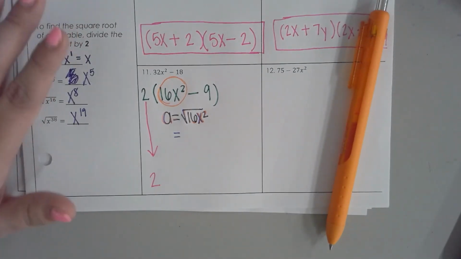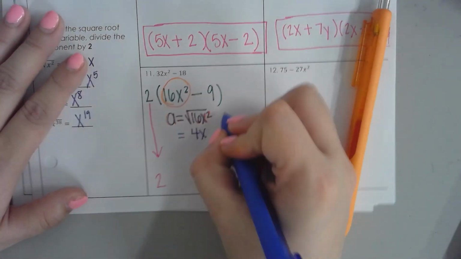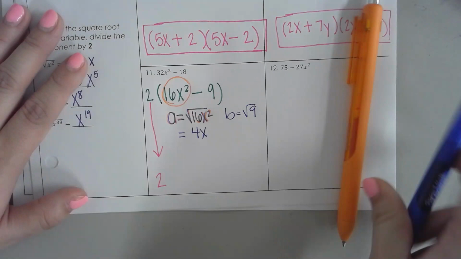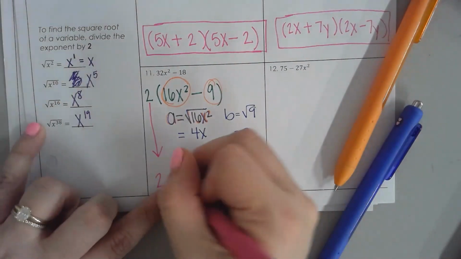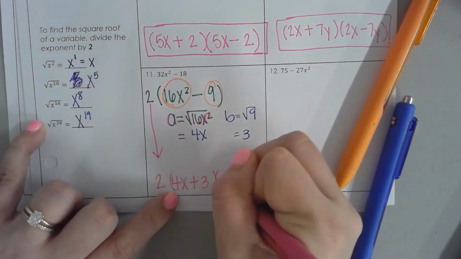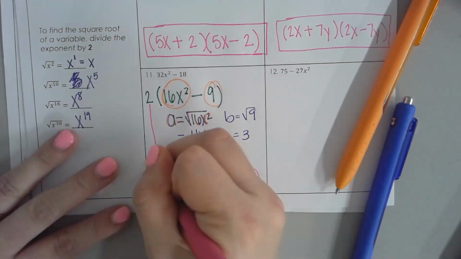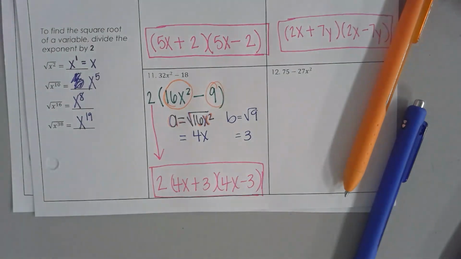What's the square root of 16x squared? 4x. B is the square root of 9, which is 3. So over here beside the 2, I have a 4x plus 3, 4x minus 3.